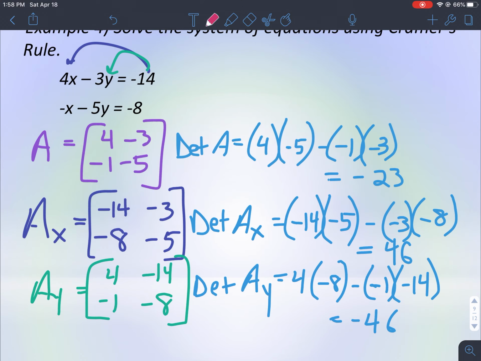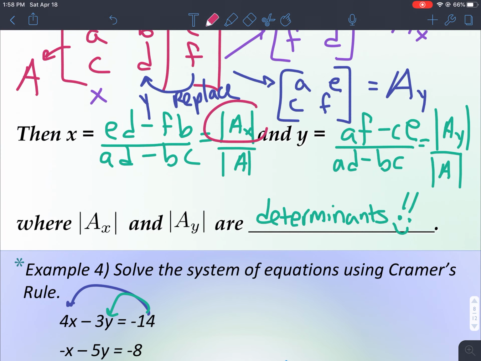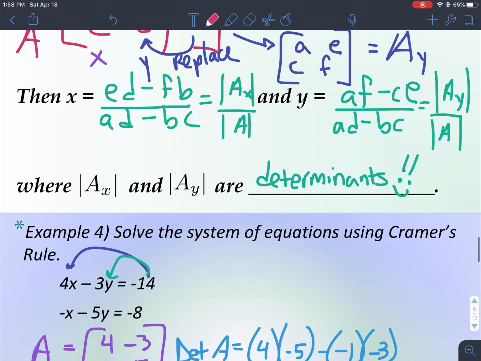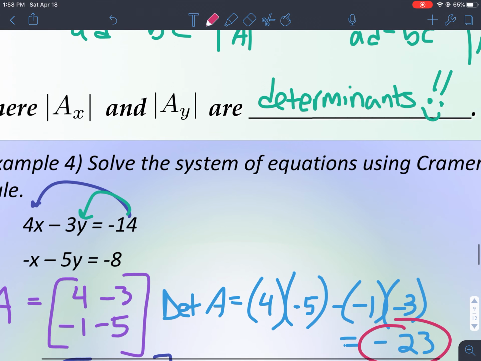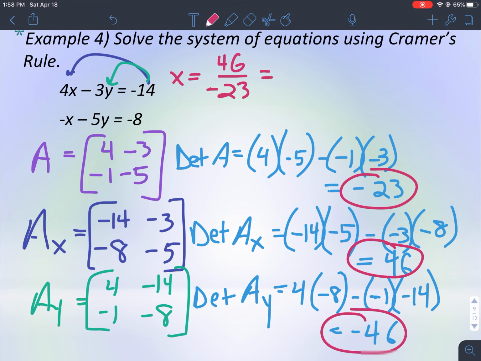Step number 3. It's going to be the determinant of the x matrix over the determinant of the regular matrix. So, x should equal 46 over negative 23, and that's negative 2.